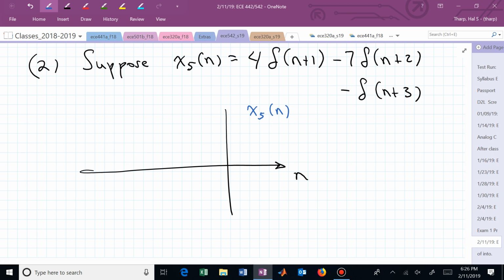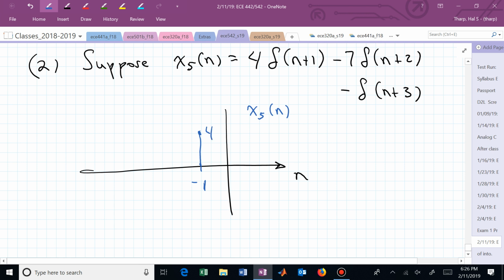It's the values of n that cause the arguments of those delta functions to vanish. In the first term, we set n plus 1 equal to 0. We have something non-zero at minus 1, and that something is of value 4.